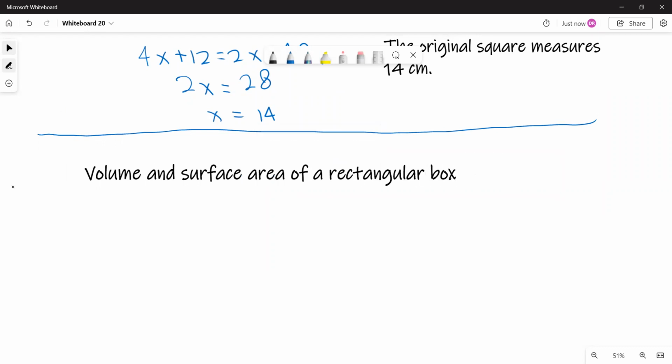So let's say we have a rectangular box with a given length, width, and height.